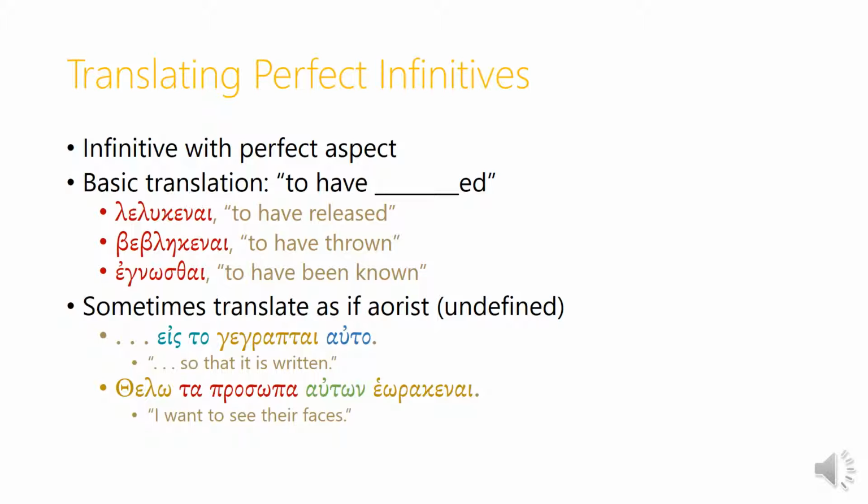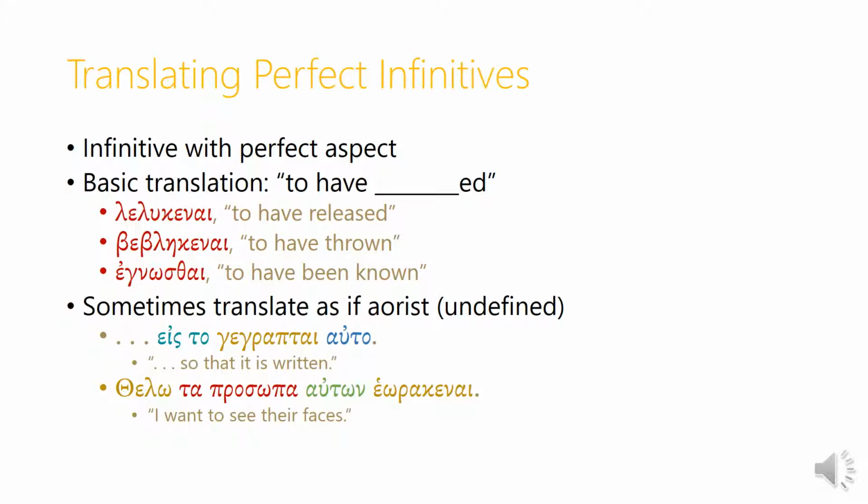But in practice, we'll sometimes translate perfect infinitives just as if they're regular aorist or undefined infinitives. If we read eis to gegraphthai auta, we might translate that simply, so that it is written.